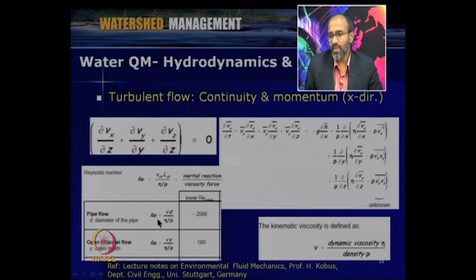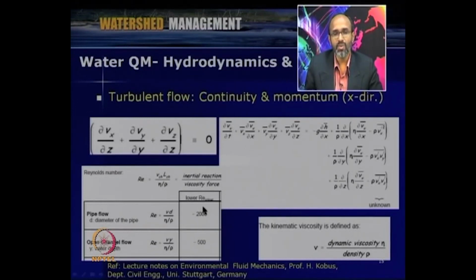And as I mentioned, the main important parameter which governs whether the flow is laminar or turbulent is the Reynolds number, which is the ratio of inertial force to viscous force. For example, in pipe flow, the flow will be laminar up to a Reynolds number of 2000, and between 2000 and 4000 we consider that the transformation is taking place from laminar to turbulent.